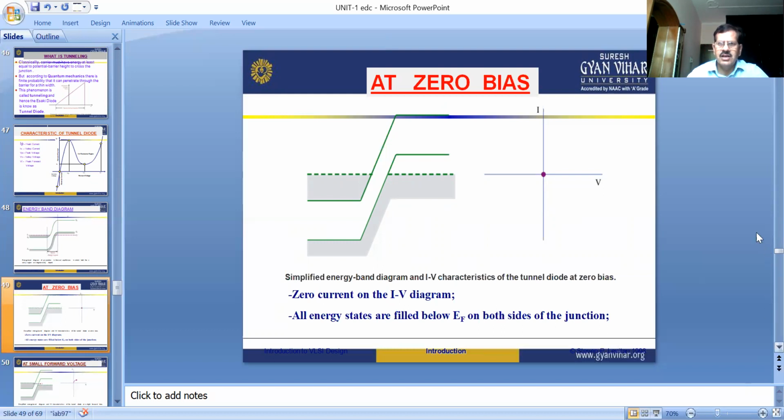You see here the dot represents the zero current, and all energy states are filled below EF on both sides of the junction. So this is the energy band diagram representation for the zero bias condition.